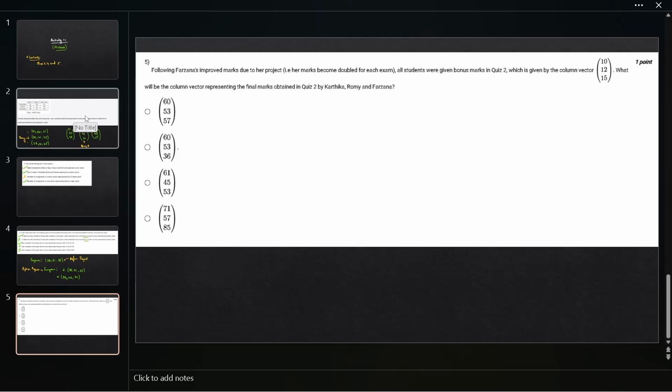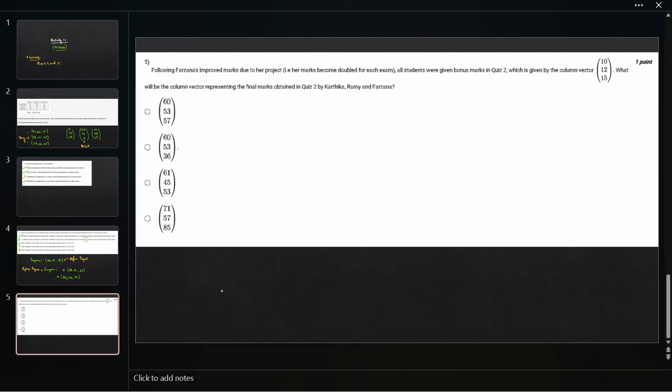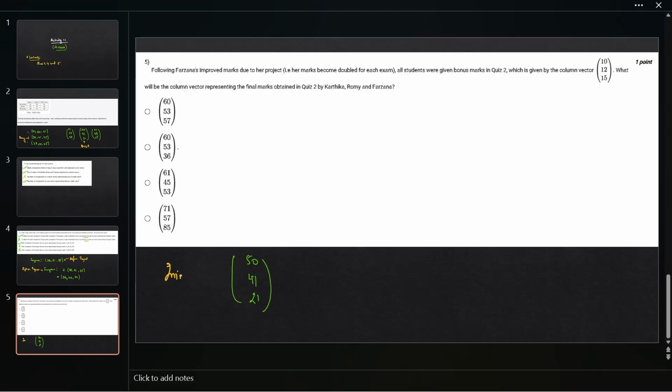So let's see what the initial marks of all three individuals in quiz 2 were. In quiz 2, the marks of the individuals were 50, 41, and 21. So these are the initial quiz 2 marks.